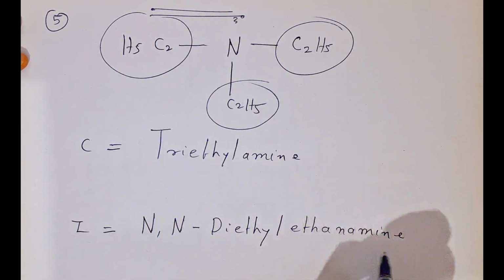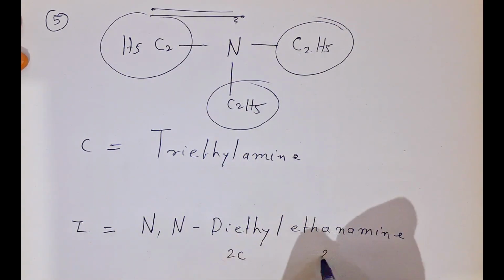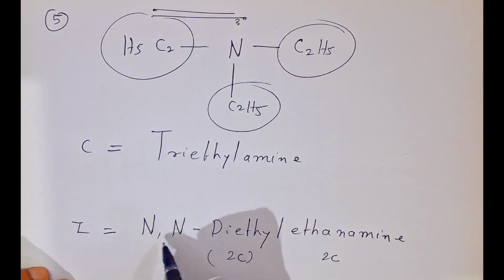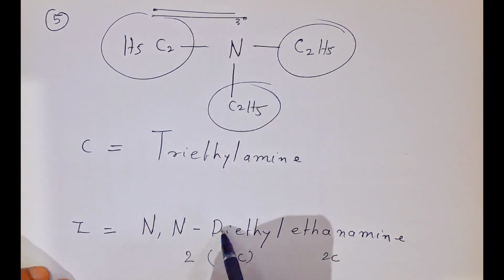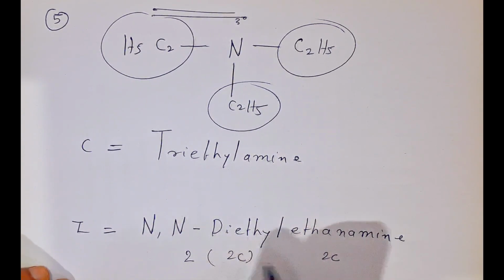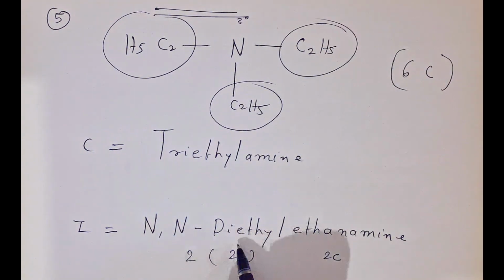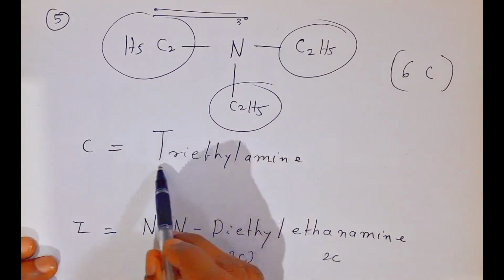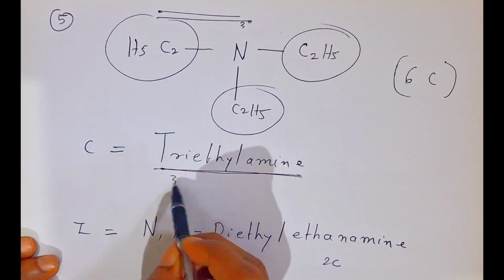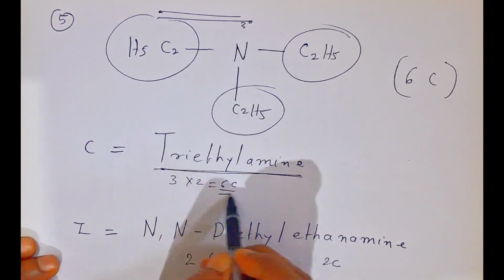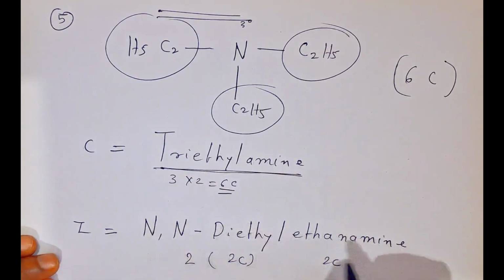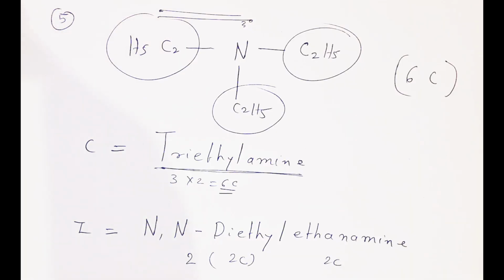So N,N-diethyl ethanamine, here diethyl contains 2 carbon. Di stands for twice, so 2 twos are 4 and 2 more make 6 carbon. This molecule contains 6 carbon. So N,N-diethyl ethanamine is nothing but triethylamine. 3 into 2 is 6 carbon here also. These are very important from the examination point of view, students.